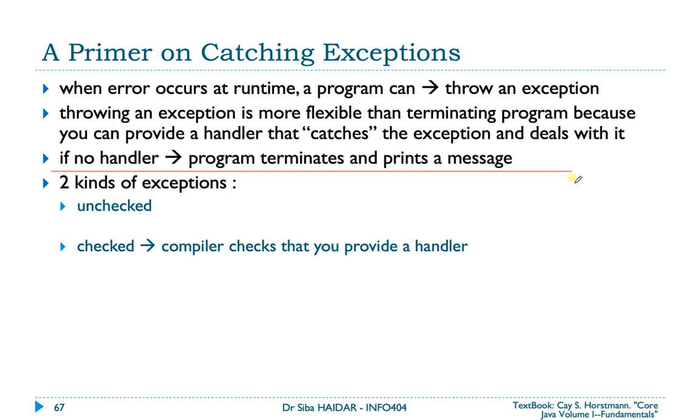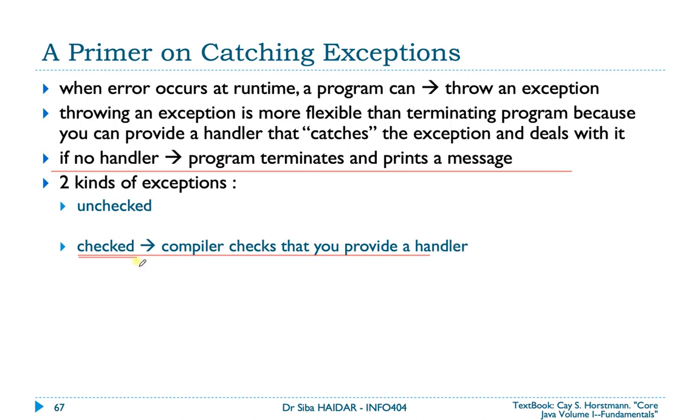There are two kinds of exceptions. You must know that there are the unchecked exceptions and the checked exceptions. For the checked exceptions, the compiler will help you, will tell you you didn't provide a handler for this exception. The compiler checks that you provide a handler.